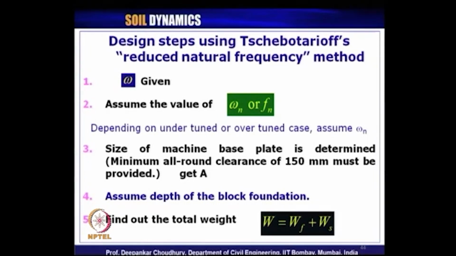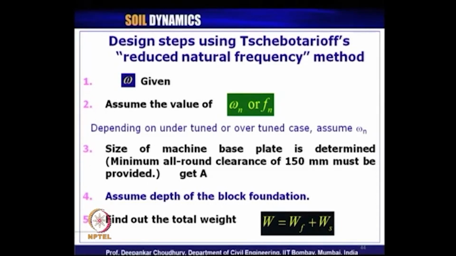Remember, in codal guidelines also, the minimum thickness of the depth of footing is 150 mm. So, that criteria you use here also. You can assume any value more than or equals to 150 mm.